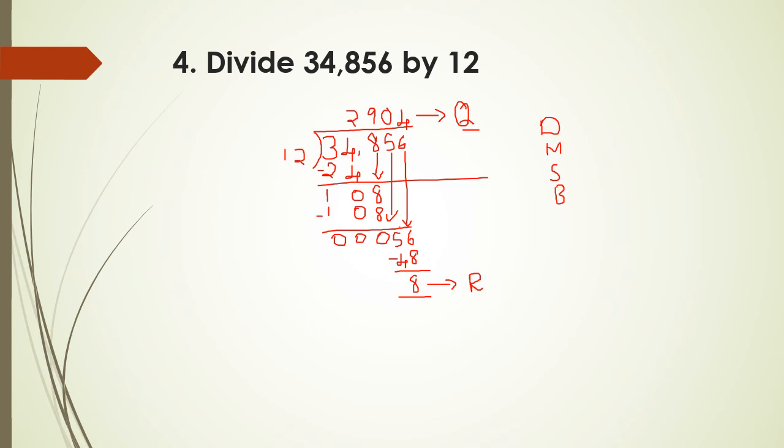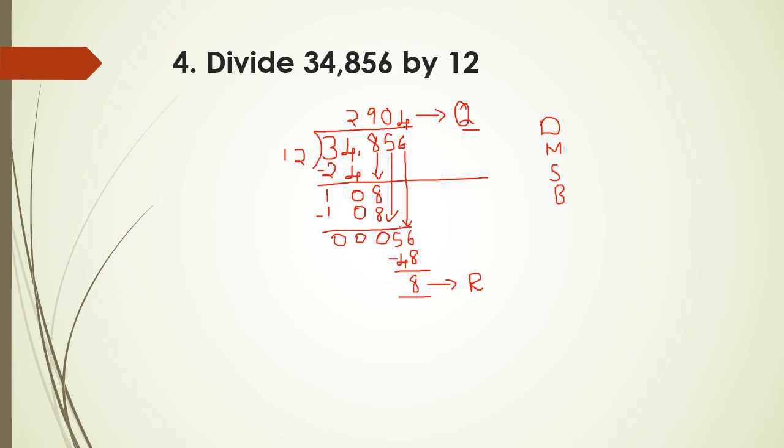Now what is the next step? You have to subtract. 8 minus 8, 0. 0 minus 0, 0. 1 minus 1, 0. Or 108 minus 108, 0. Then you have to bring down one digit.